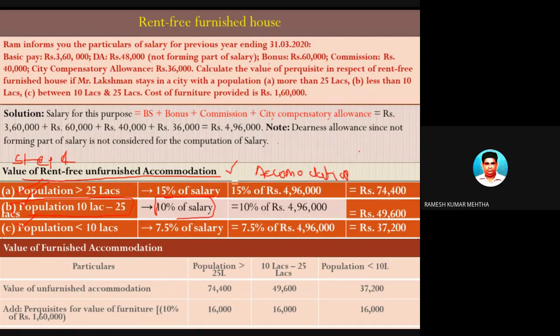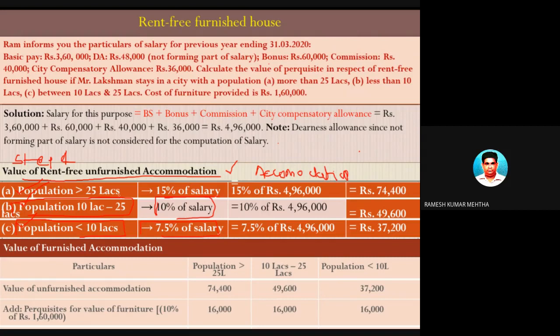These rules you have to remember. Number three: if the population is less than 10 lakhs, the value of the perquisite is 7.5% of the salary.